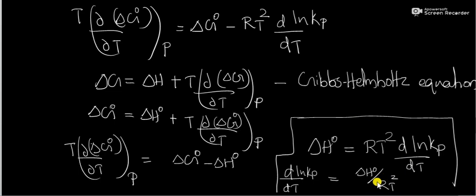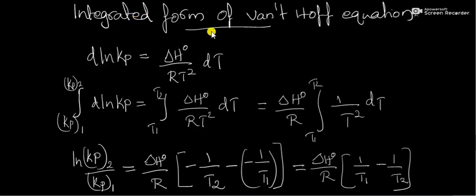This is our important Van Hoff equation. Next is integrated form of Van Hoff equation, that is d ln Kp is equal to delta H0 divided by RT square into dt.